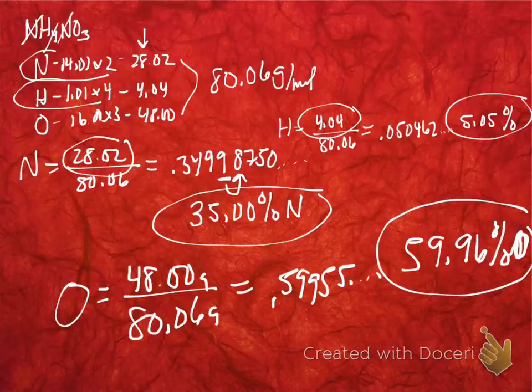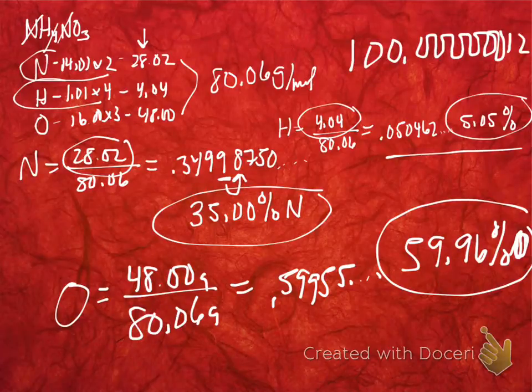Remember, I said don't ever say, oh, okay, well, I got these two, 100 minus these. Don't do that. You're rounding. These decimals go on for a really long way. If we took those out to 8 decimal places, we'd probably be looking at something like 100.000000012, blah, blah, blah.